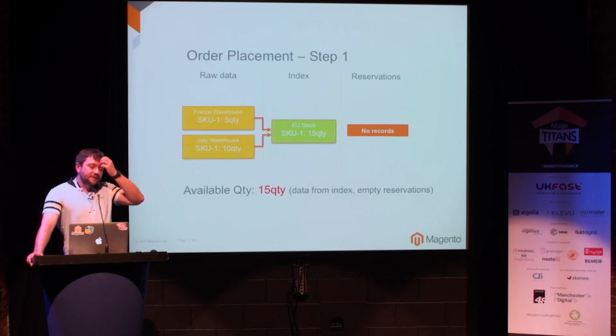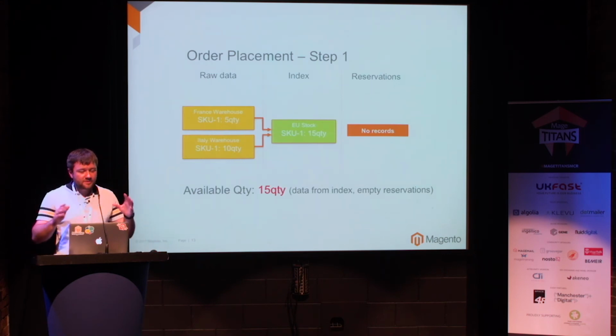Let's now consider an example of how we place an order. We have two physical sources: in our case, the warehouse in France and the warehouse in Italy. We combine the stock of these sources into one virtual aggregation, the EU stock, which just aggregates the quantities we have on the physical sources.